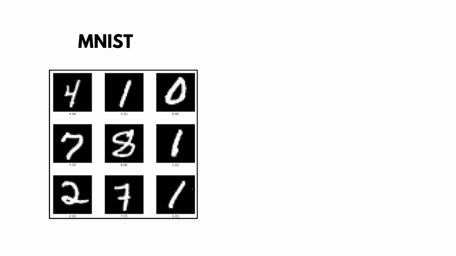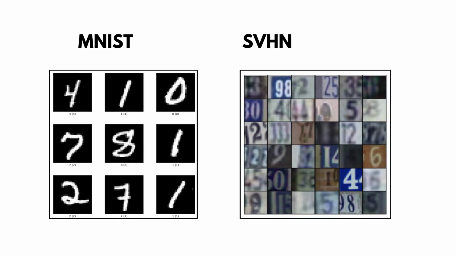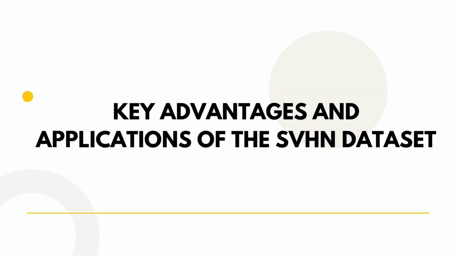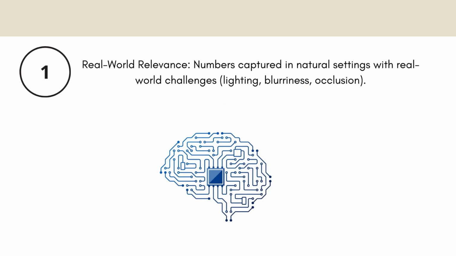Unlike traditional datasets like MNIST, which contains clean, handwritten digits, SVHN embraces chaos. It features blurry numbers, includes overlapping digits, has tilted signs, and contains shadows. First, this dataset is incredibly realistic, featuring numbers captured in natural, everyday conditions, making it a true challenge for machine learning models.